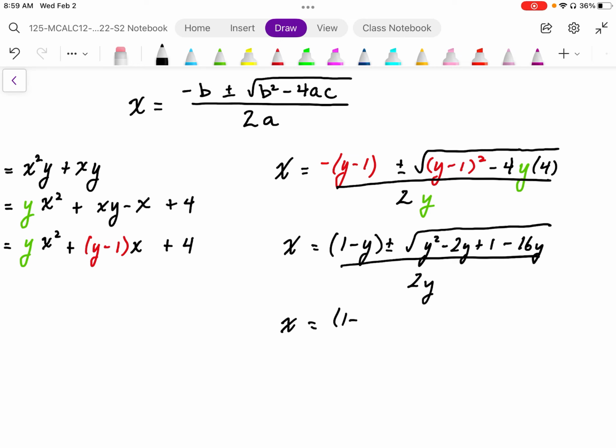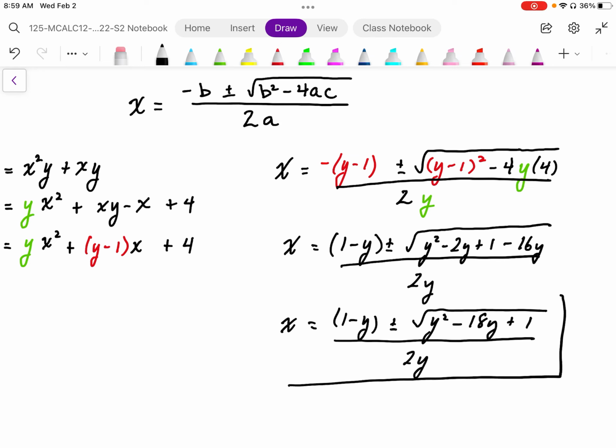So simplifying that, y squared minus 18y plus 1. This is not factorable. It's not a perfect square, so we can't square root it. And that's all over 2y. So there's my final solution here.